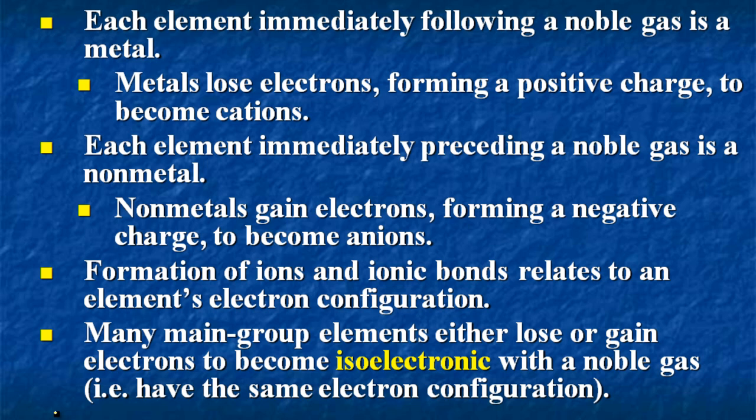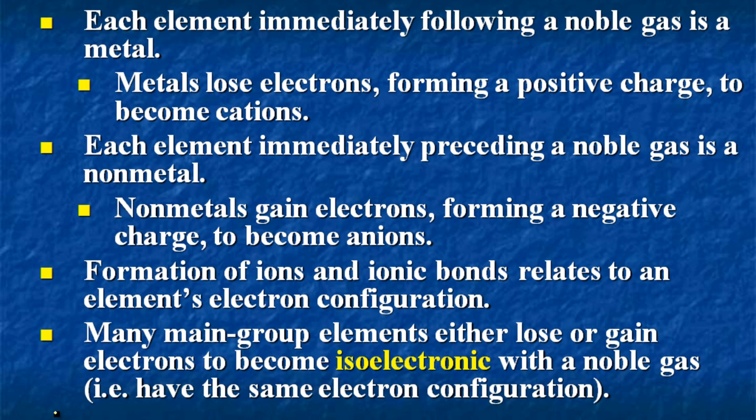So, for metals, it's easy to lose electrons and become like the preceding noble gas, like sodium. Sodium is number 11. It's easy for sodium to lose 1 electron and have 10 electrons, Na+, just like neon, which has 10 electrons. Next one, magnesium, number 12.